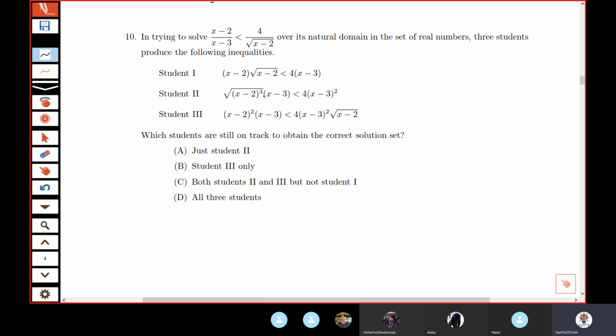Student 2 squared this side and cubed this side and then multiplied it. Student 3 went to the power of 4 for this one.